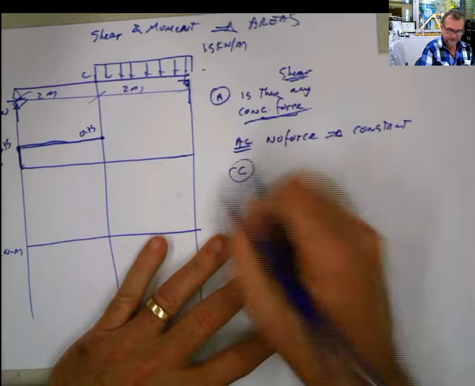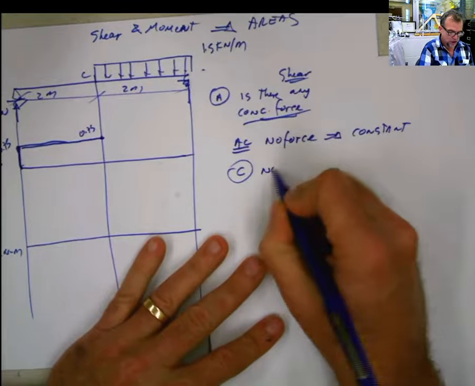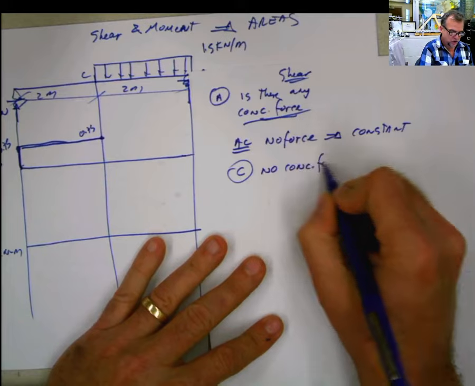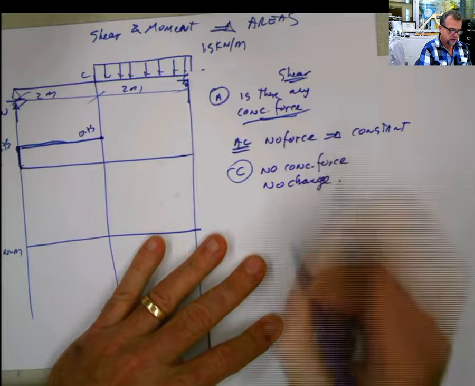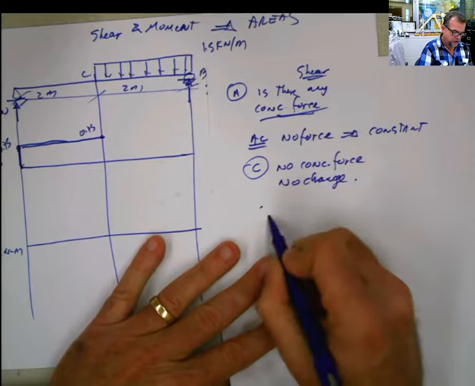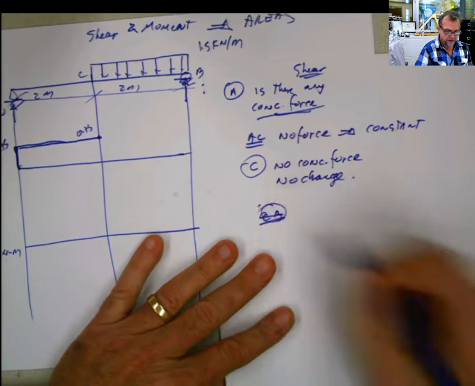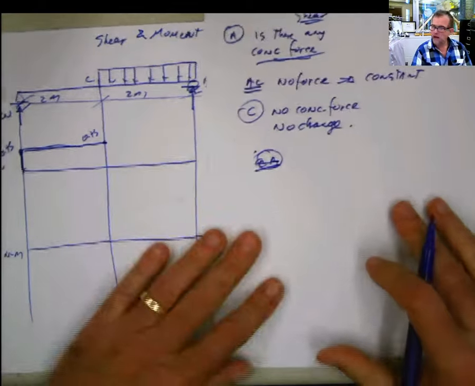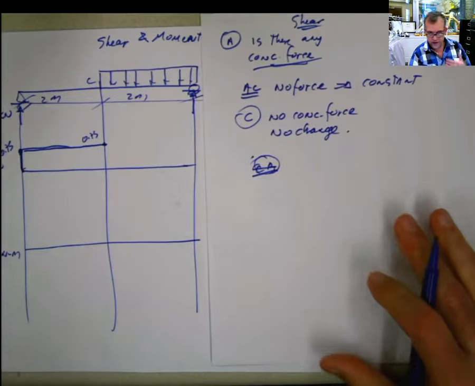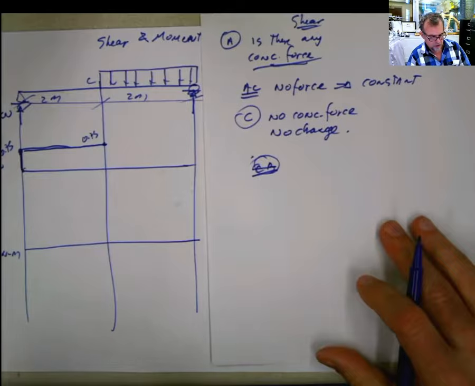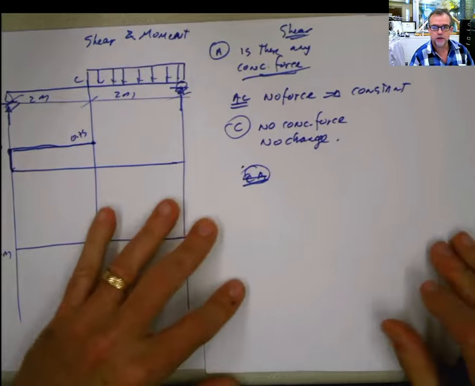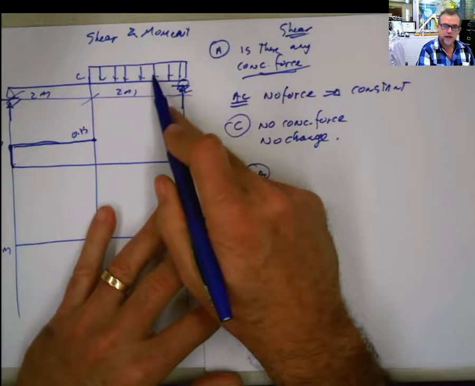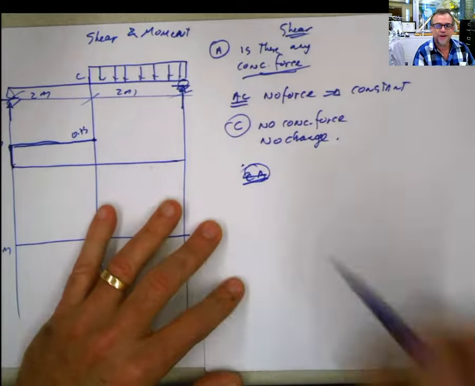Point C. No concentrated force, no change. Now you go to CB. In CB, can you please remind me, what is the definition of integral? Yes, the area under the curve. So let's calculate the area of that.